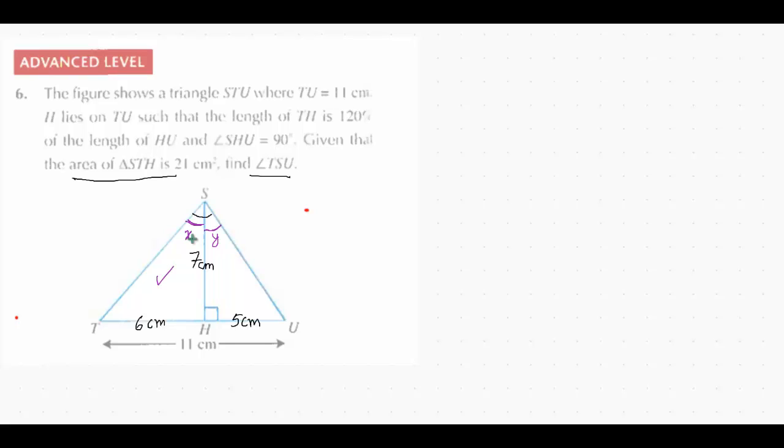So first let me use this triangle and use the SOHCAHTOA trigonometric ratio. This side is opposite and this side is adjacent, so I will apply tangent X. The tangent X is 6 over 7 and angle X is tangent inverse 6 over 7.